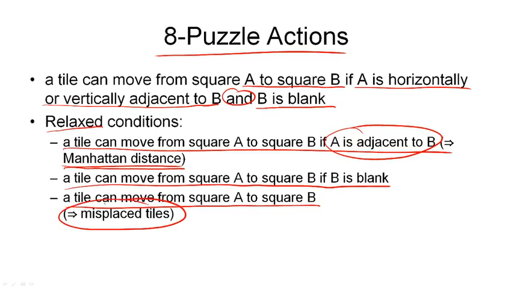We simply count those tiles that can move to where they need to be in one step, because there's no conditions on how they can move. So what you see here is we've derived two of the heuristics that we've already used for the 8 puzzle using the method we've just introduced by using relaxed conditions of the actions that are applicable in our problem.